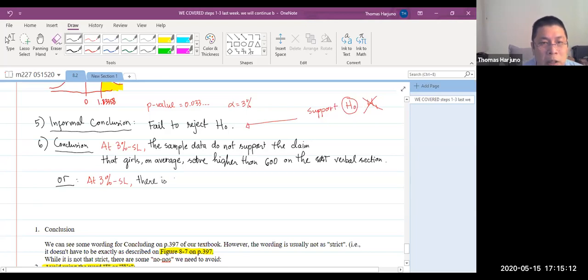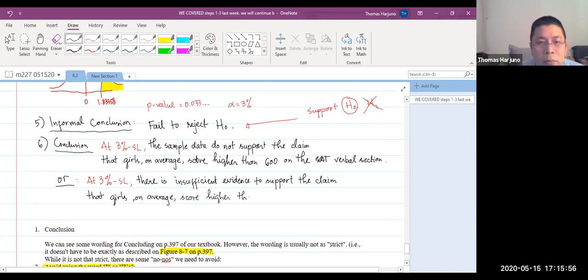There is insufficient evidence to support the claim that girls on average score higher than 600 on the SAT verbal section. Okay, you can do this kind of wording too.